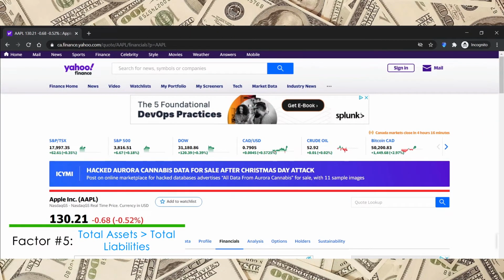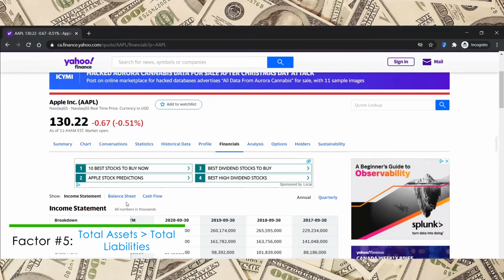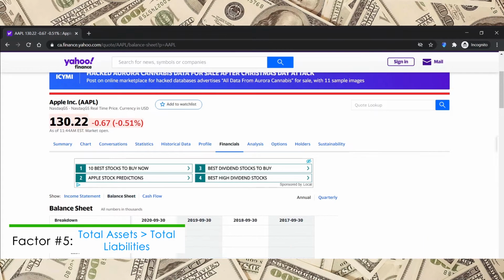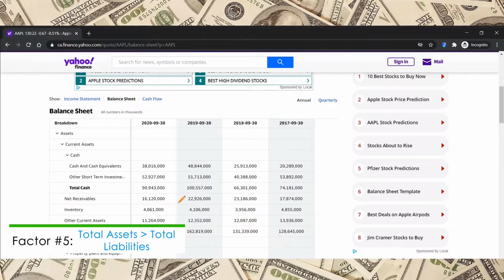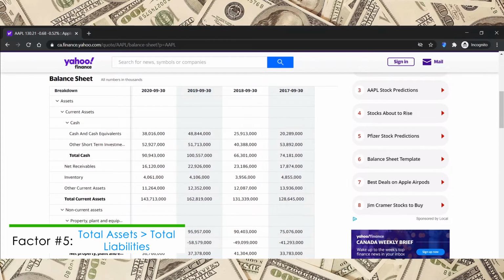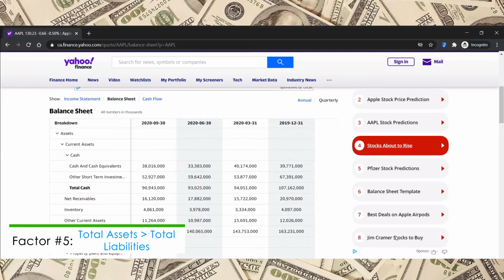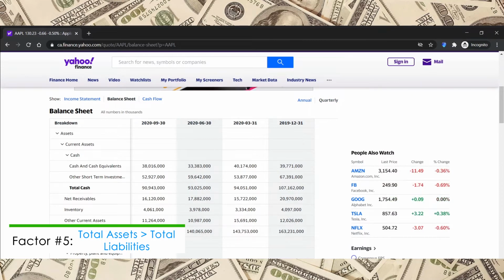So total assets versus liabilities, let's go to the balance sheet. Let's see here. So total current assets, let's look at this on the quarterly basis.